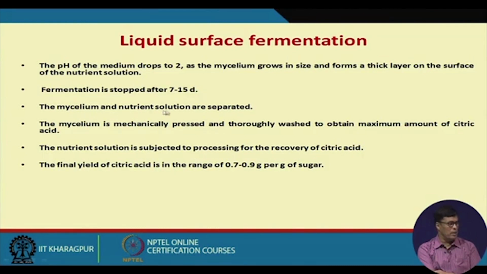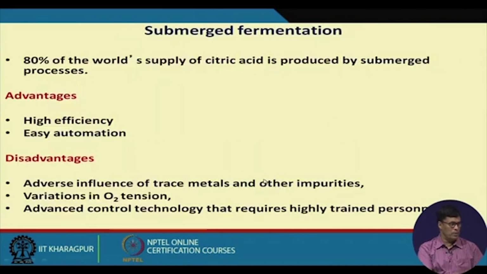The mycelia and nutrient solution are separated, and the mycelia are mechanically pressed and thoroughly washed to obtain the maximum amount of citric acid. The nutrient solution is subjected to processing for the recovery of citric acid. The final yield of citric acid is 0.5 to 0.7 gram per gram of sugar. This is the yield we have in the liquid surface fermentation process.